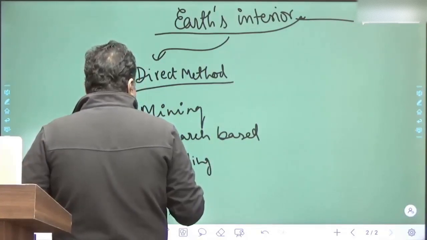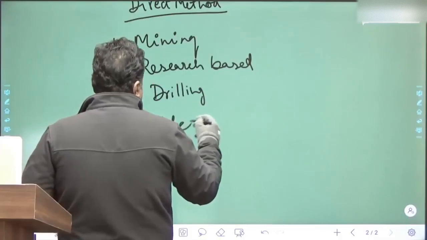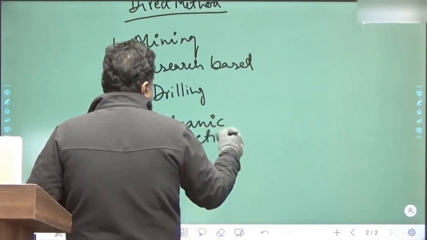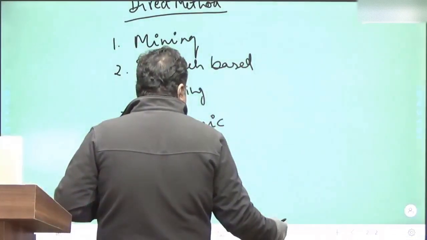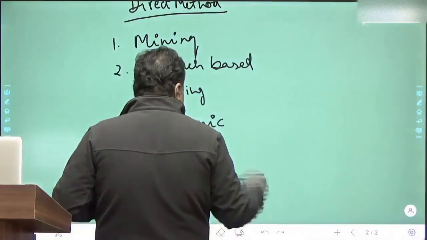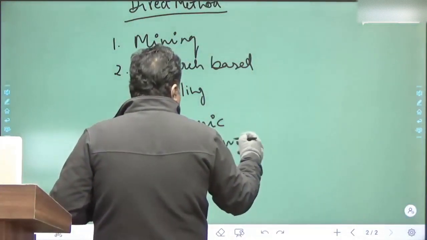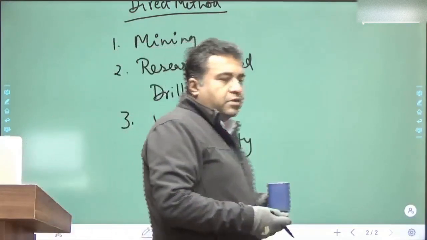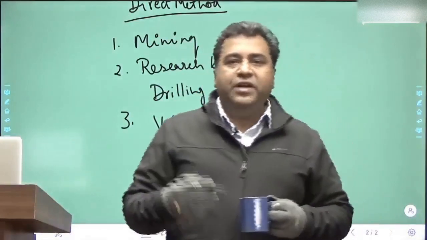And third, volcanic activity. Volcanic activity is a better word. Activity means when volcanoes come out. So these are the different ways by which we get the material directly from inside the earth.